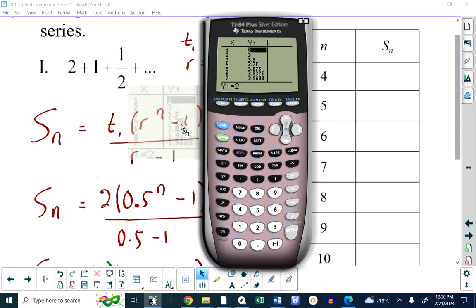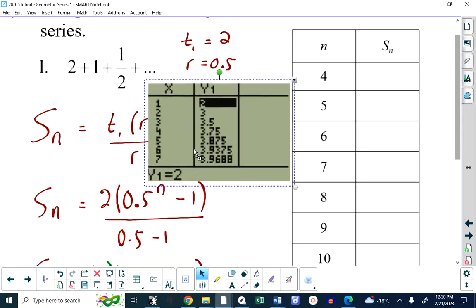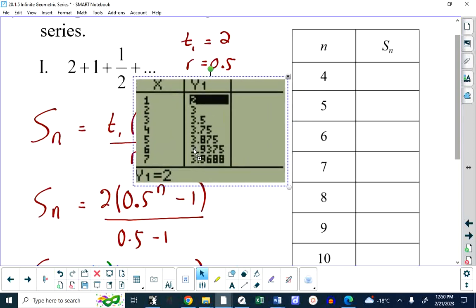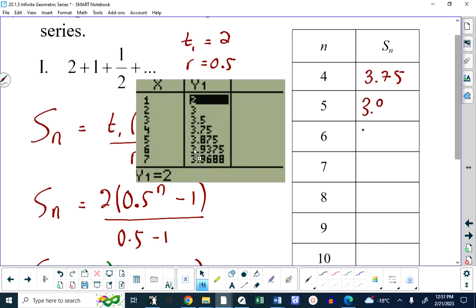The bottom line is we can take these numbers, and I'm just going to have to copy this because I can't look at both my calculator and the notebook software at the same time. Well, I can, but I would have to resize things. That S4 is 3.75. S5 is 3.875.